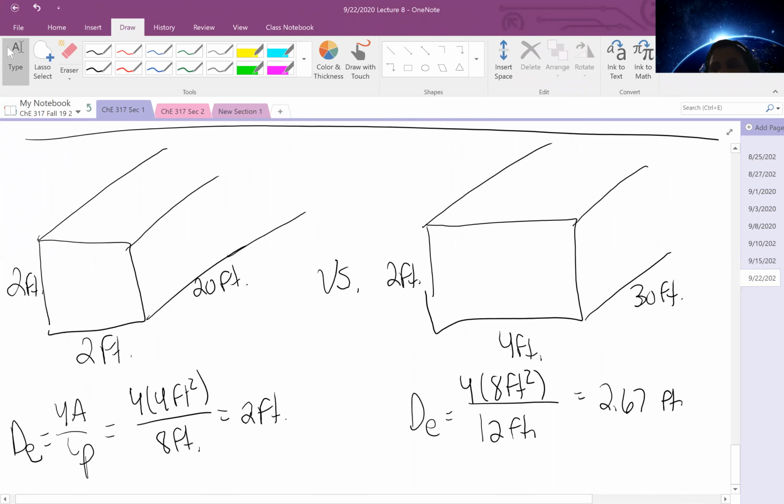So what we need to do is consider the implications in terms of pressure drop due to skin friction and identify a comparison between these two systems.